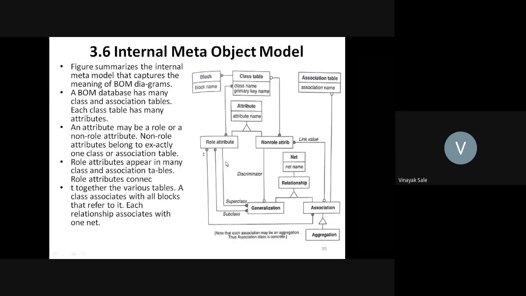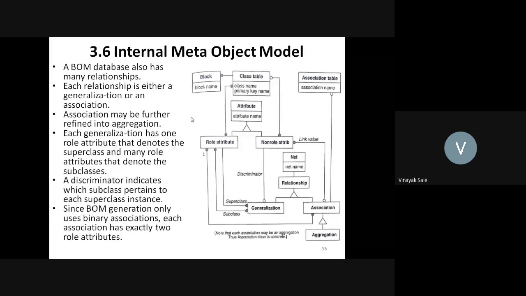So this is the internal meta-object model. One object or attribute is related with many models or many attributes. So a bill of material database has many relationships. Each relationship is either a generalization or association.